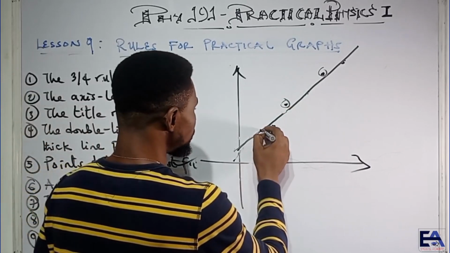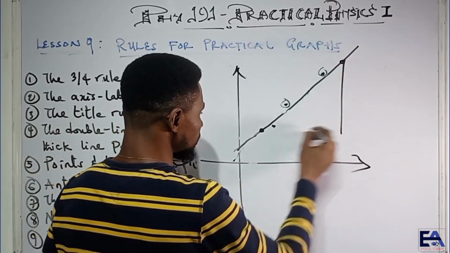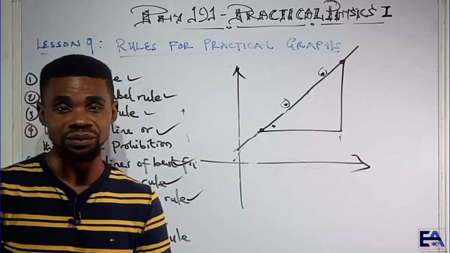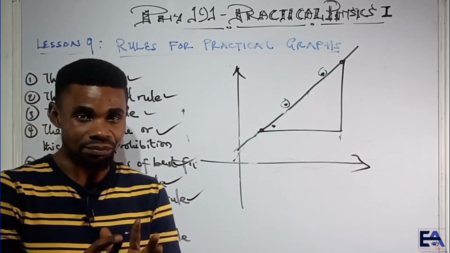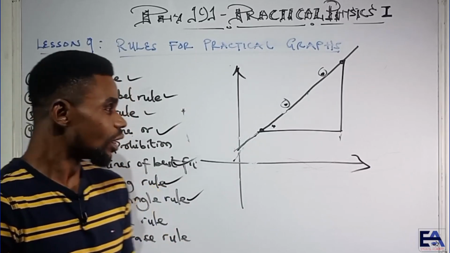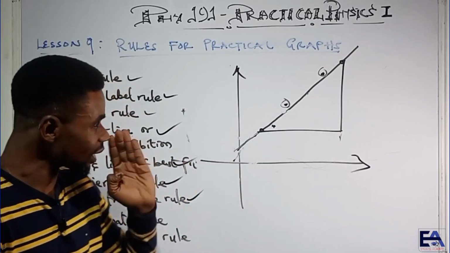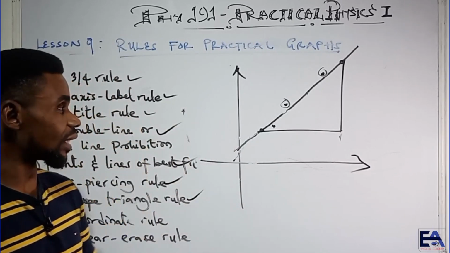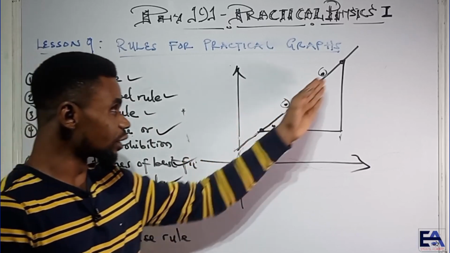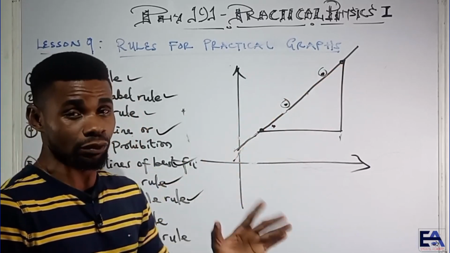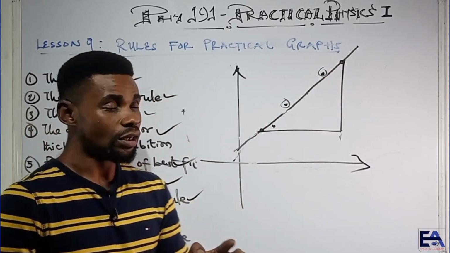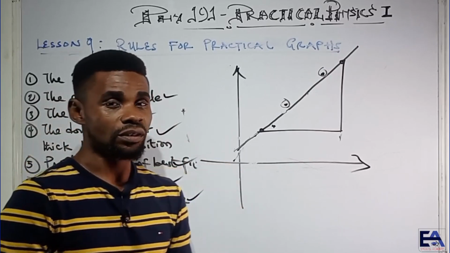But you try as much as possible to make your slope triangle as big as possible, and as compact as possible at the same time. So don't let it be excessively big, but let it be moderately big. We believe in physics that when you draw a good, big enough slope triangle, you have a higher tendency of getting an accurate result for the slope of the graph, okay?